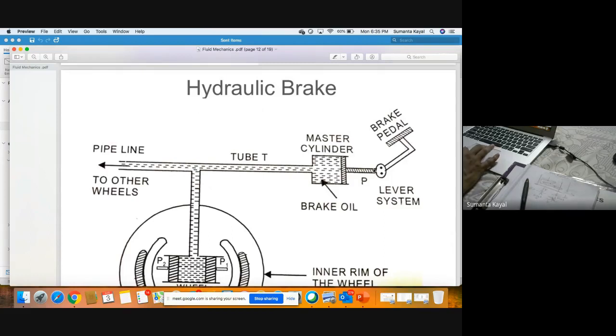That pressure is transmitting here, and it will also follow Pascal's law. Okay. Now that pressure is coming here, and as Pascal's law is saying, an equal amount of pressure is also flowing from this tube, this tube, this tube, this tube to this tube. Also, it is going to the other side of the wheel.